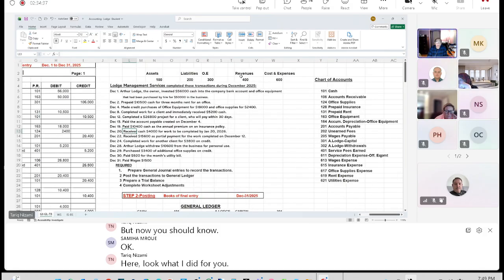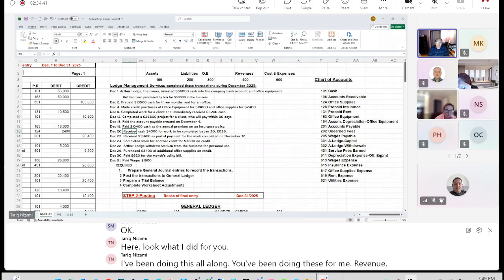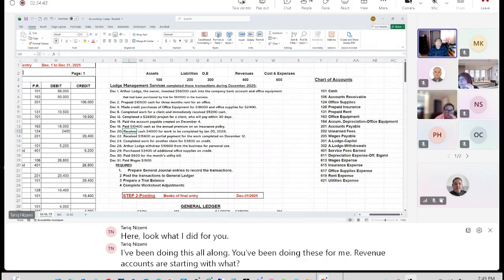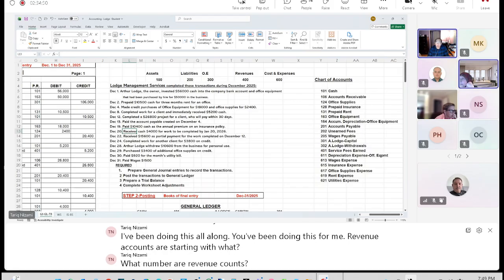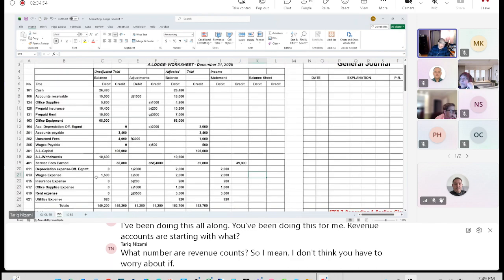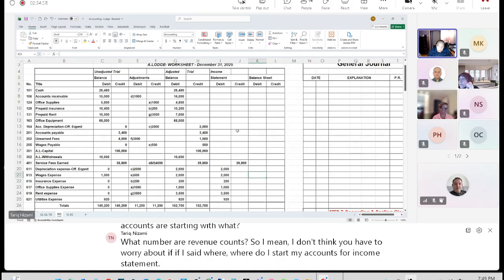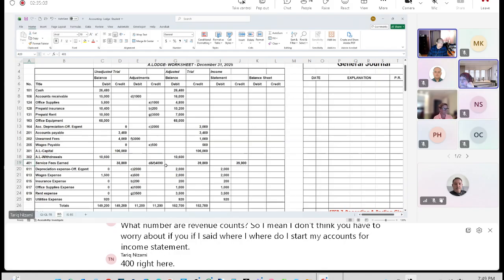Revenue accounts are starting with what number? 400. So you don't have to worry: if I ask where do I start my accounts for the income statement, 400, right? Don't start looking here. Only look here.